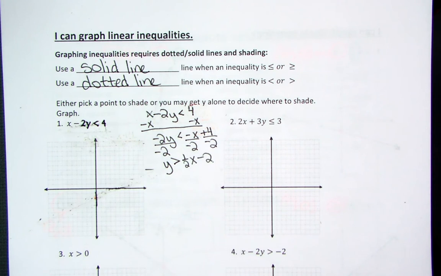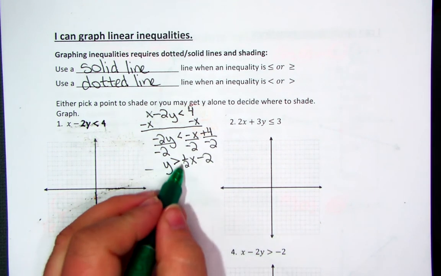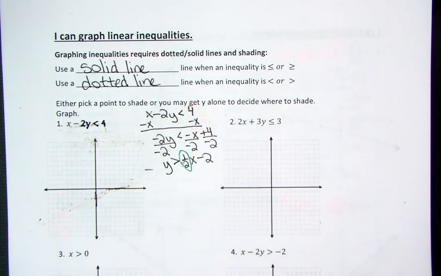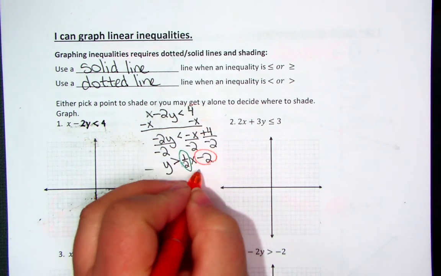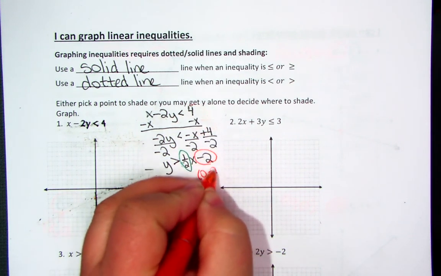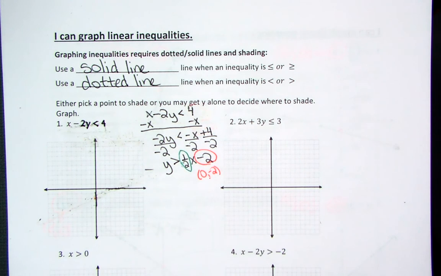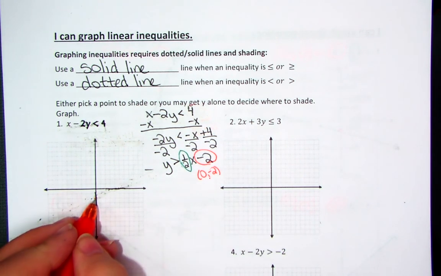Just like equations, we need to identify the slope, 1/2, and the y-intercept, 0, negative 2, before we begin plotting. 0, negative 2 gets plotted.